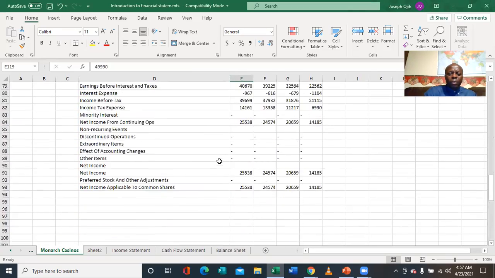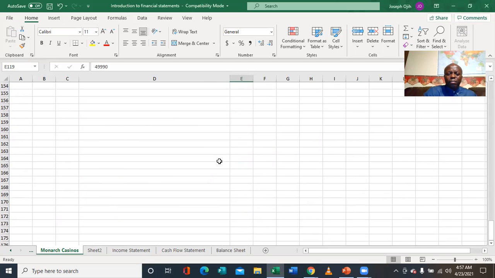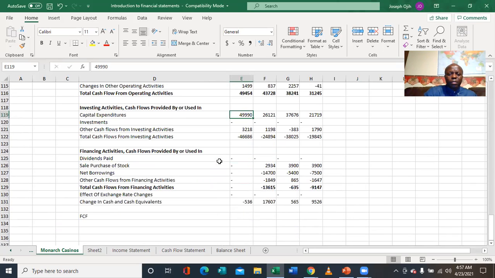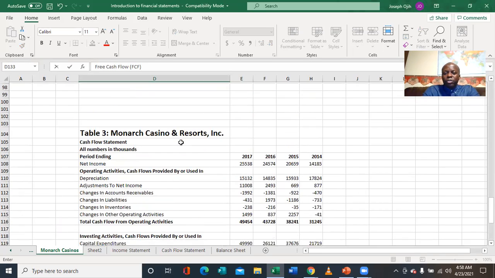Now we get this from the cash flow statements. Let's say this is the free cash flow, FCF, for Monarch Casino and Resorts.